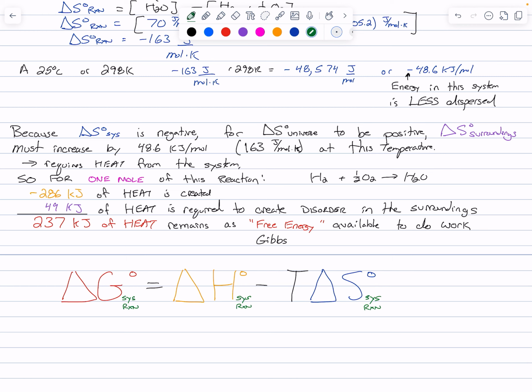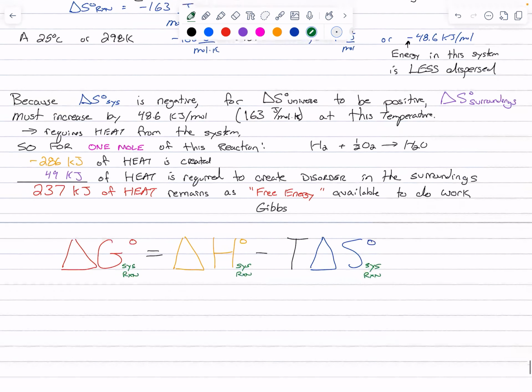Same thing in our case. All right. So, delta G, right, must be negative for a spontaneous process. Spontaneous.